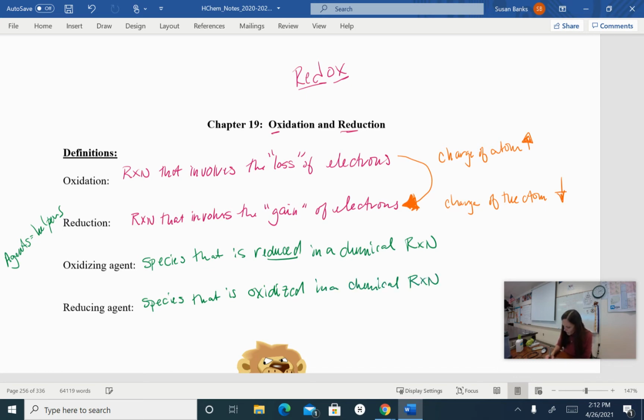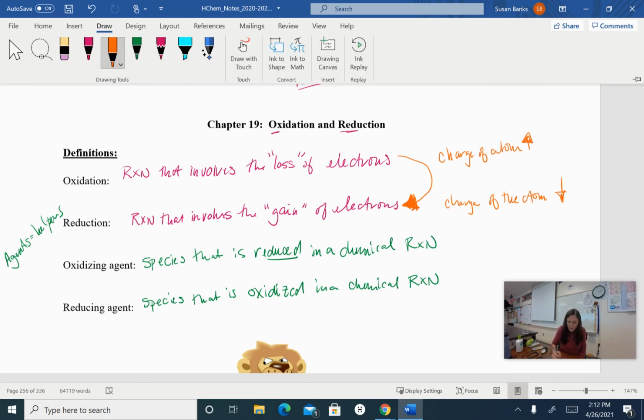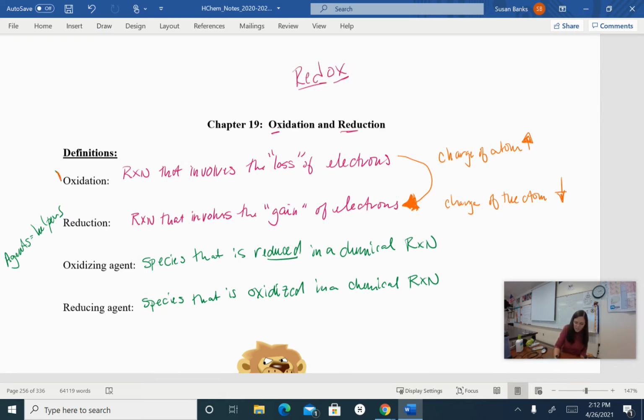Okay? So remember, a reducing agent helps something be reduced. An oxidizing agent helps something be oxidized, sorry. The other thing we need to be aware of is the oxidation or reduction. The oxidation or reduction here happens to atoms.